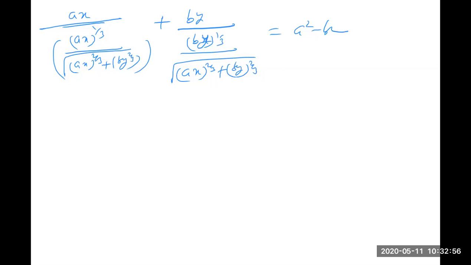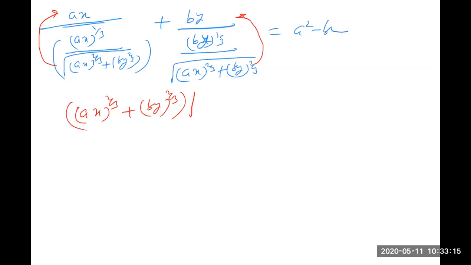I think everybody knows how to solve. This will go to top. And here this will cancel out. So we will be left with ax raised to power 2 upon 3 plus by raised to power 2 upon 3 into under root of ax raised to power 2 upon 3 plus by raised to power 2 upon 3. This is equal to a square minus b square.